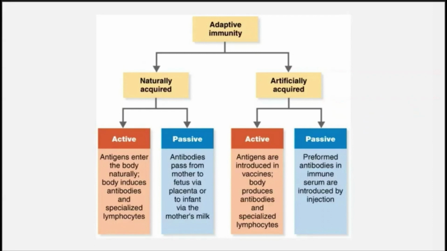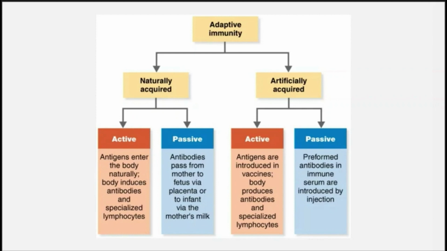So let's break down adaptive immunity into different categories. It can be naturally acquired or artificially acquired. Naturally acquired adaptive immunity is one that you get from some sort of incidental exposure to an antigen or antibodies.